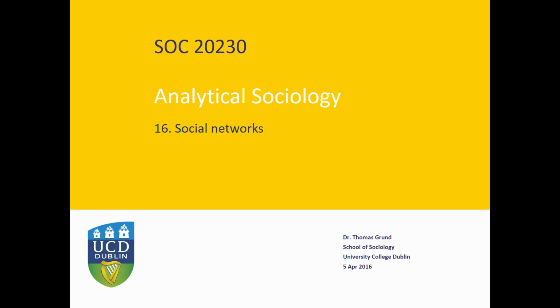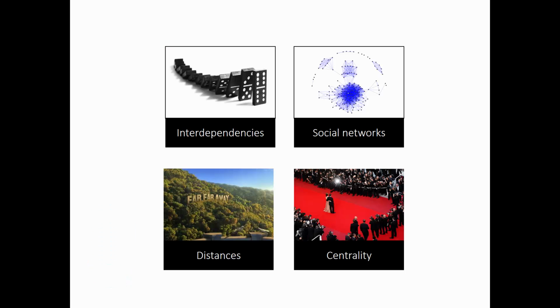Then you see that the structure, how individuals interact with each other and what the broader pattern of that looks like, is incredibly important to ultimately make sense of these interdependencies that lead to the outcomes that we observe, right?